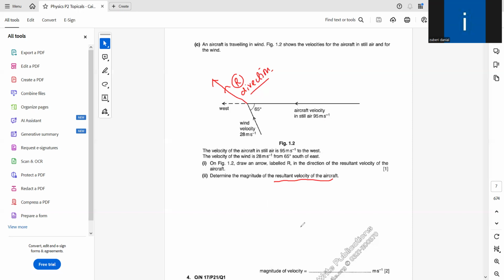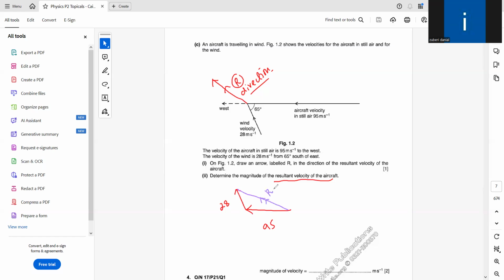So for my understanding, I can use my tip to tail rule. That's one of the sides of maybe the triangle. And then the other vector was somewhat like this. This was 95, and that's 28, right? Then I concluded my resultant to be somewhat like this.